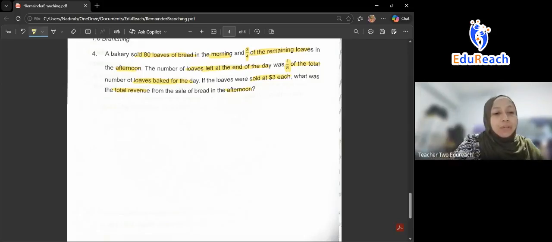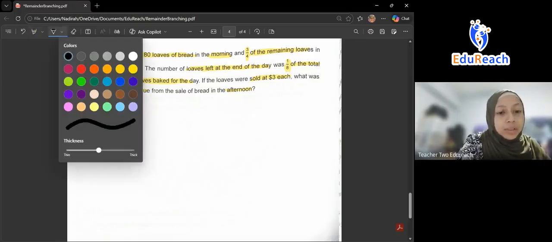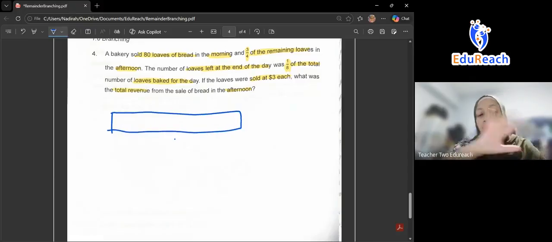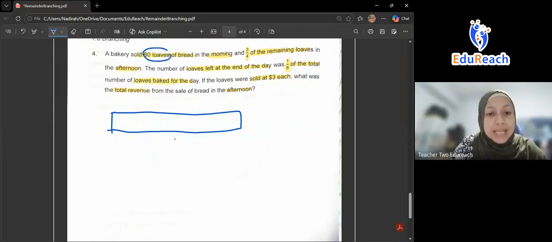Okay, first of all, when you need to draw the model, you draw all a long one. This is all the loaves that the bakery baked. And then the first information they give us is 80 loaves of bread in the morning.